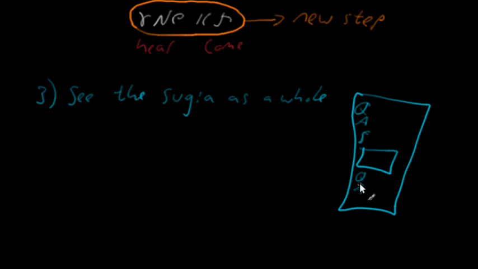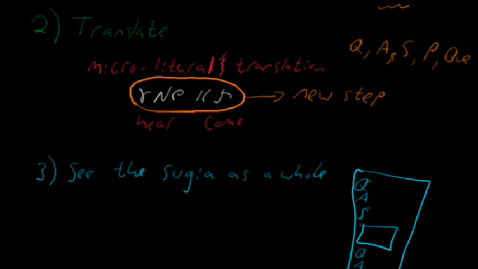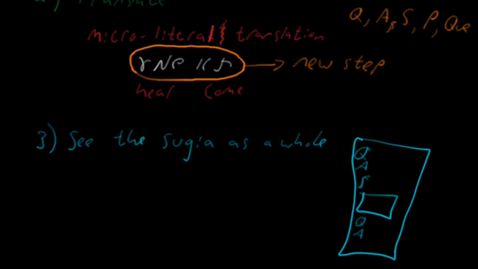So I'm seeing the sugya as a whole. I'm putting together where everything is, and this ties into the second step, where you're putting together a picture of the sugya.